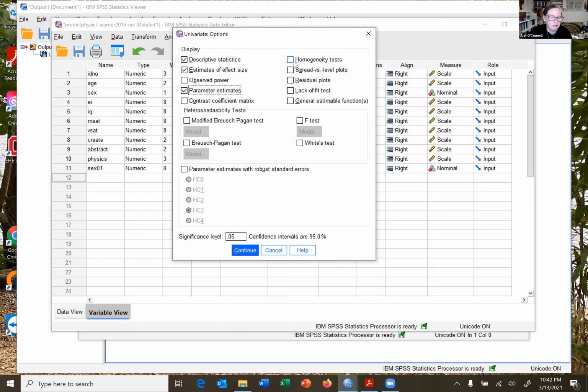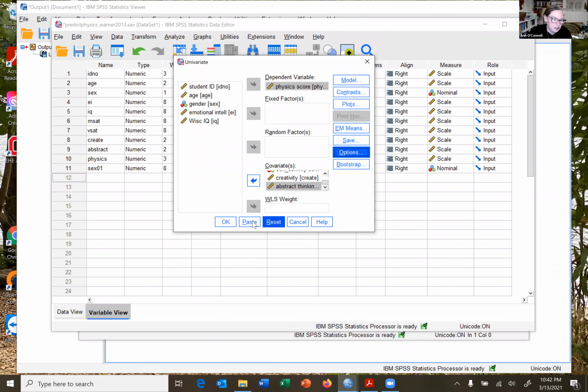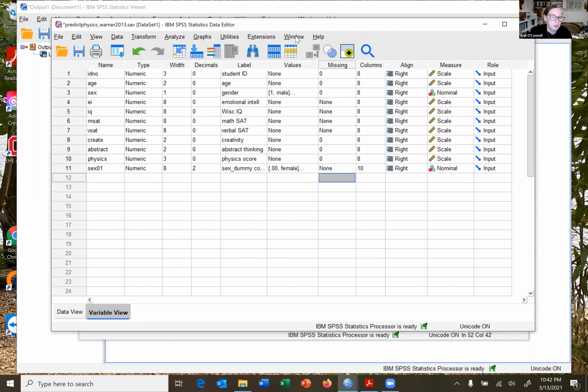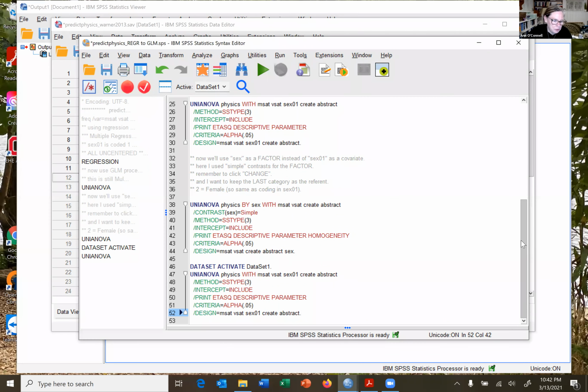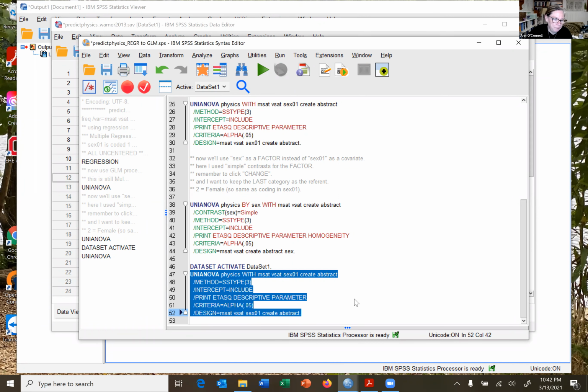We don't have any homogeneity tests because I haven't identified any variable as a factor. So I'm just going to choose those 3 and I'm going to click continue. And then I recommend using paste. You can look at our syntax in the SPSS window. It's always way down the bottom. So I'm going to go ahead and run this.